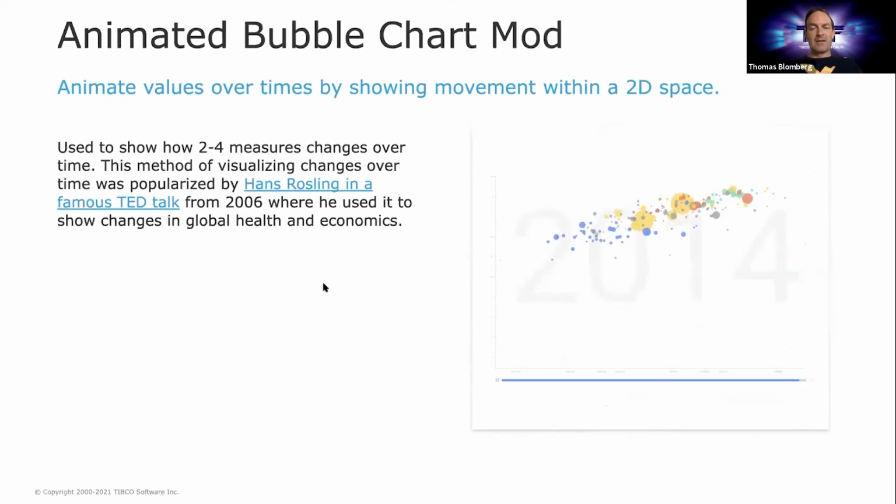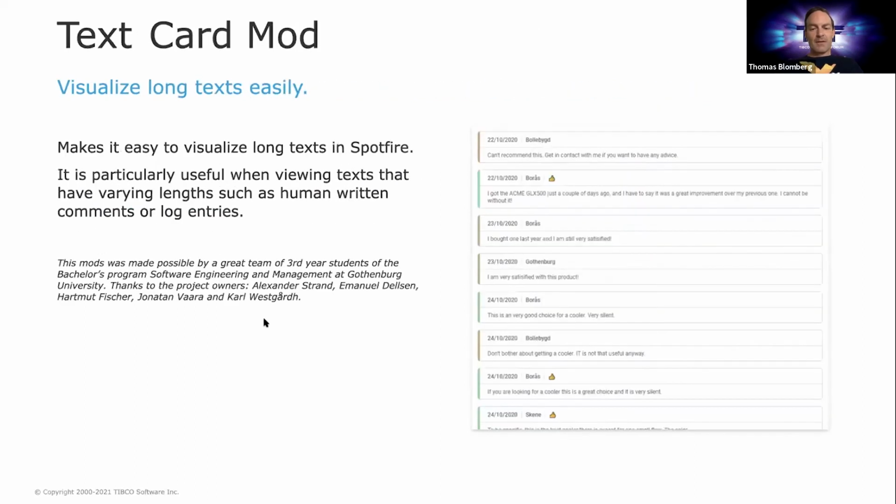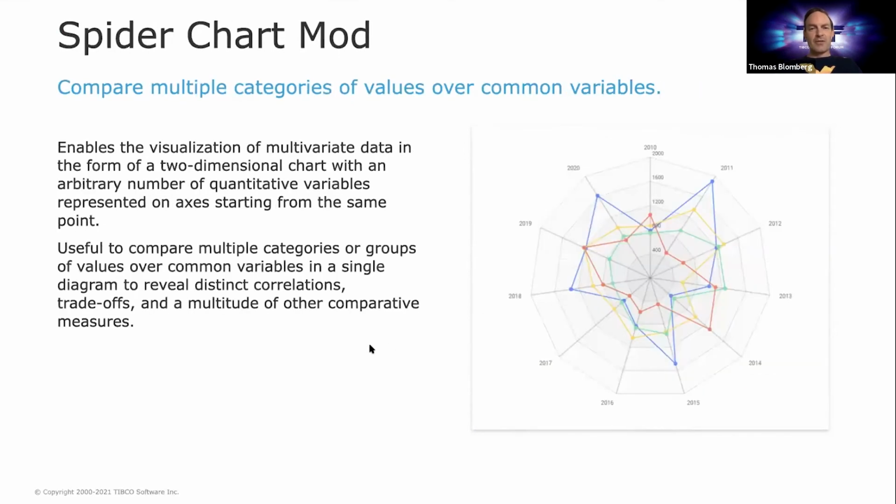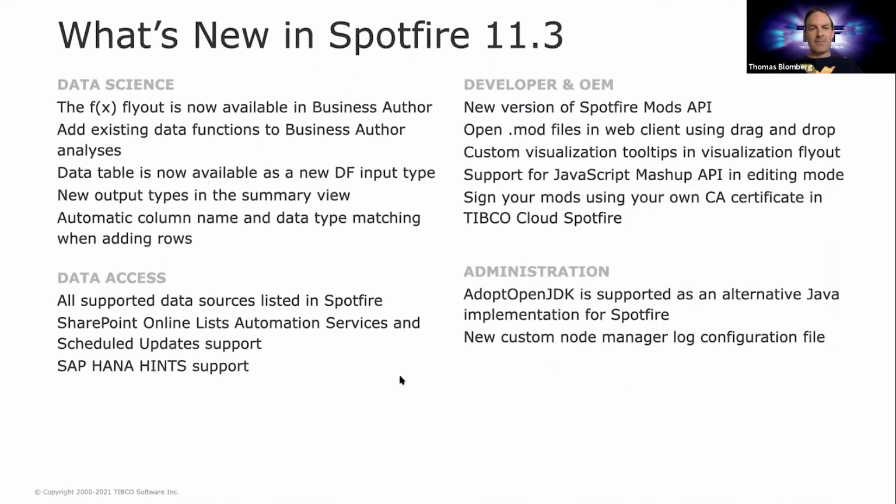Another amazing mod is the animated bubble chart mod, which runs a bit slow over Zoom, but it looks awesome in reality. You also have the area chart mod, text card mod, which allows you to display longer text beautifully, and the stock chart mod, spider chart mod, and that's it.